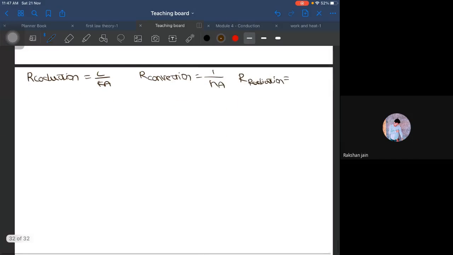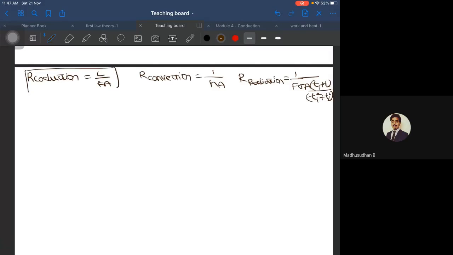One divided by F into sigma A into (T1 plus T2) into (T1 square plus T2 square). Okay, so these are the resistance values for the three modes of heat transfer.